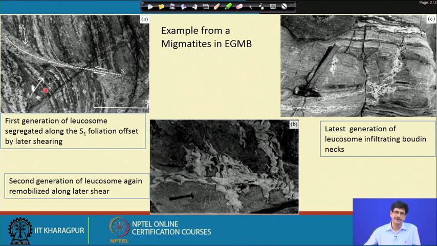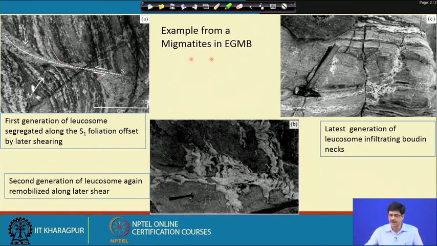If we are addressing a problem of evolution of the mobile belt in terms of the basement and the later phases of deformation and the generation of the different types of migmatites, then it is very essential that we make a very good observation in the field and correlate them with the observable structural episode. For example, this particular gneissic layering has been offset by a later shearing, and that temporal spectrum has to be identified.